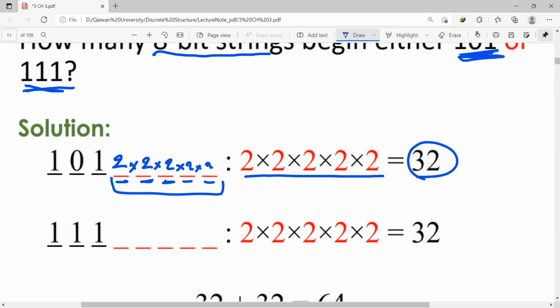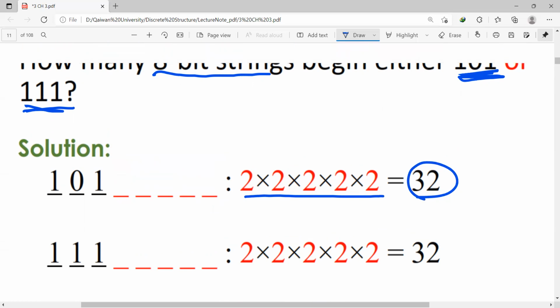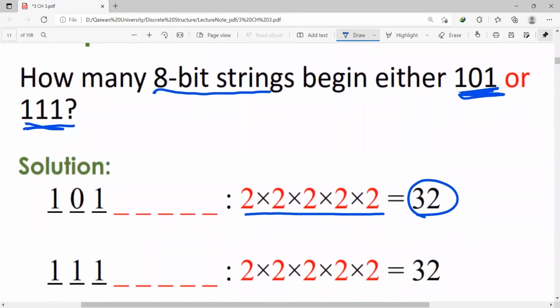That means there are 32 ways for those 8-bit strings which start with 101. The rest, I mean the remaining 5 bits, could be written in 32 ways, because for each bit we have 2 choices. It's either 0 or 1.